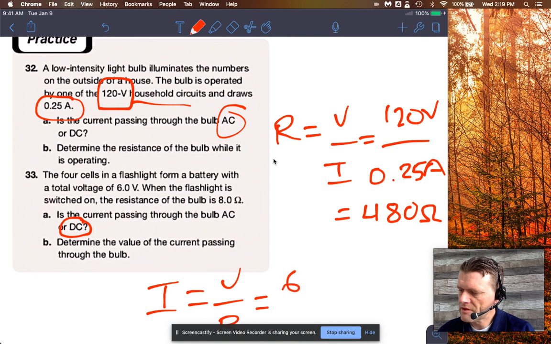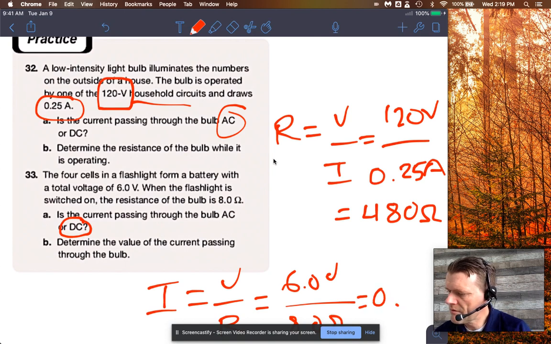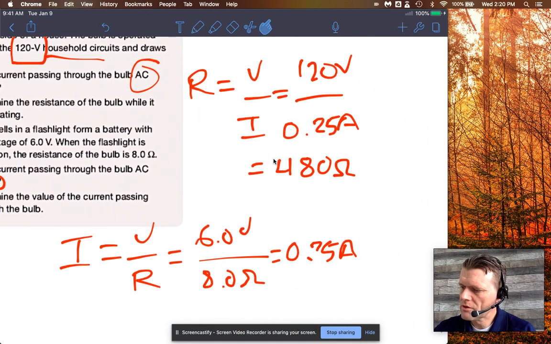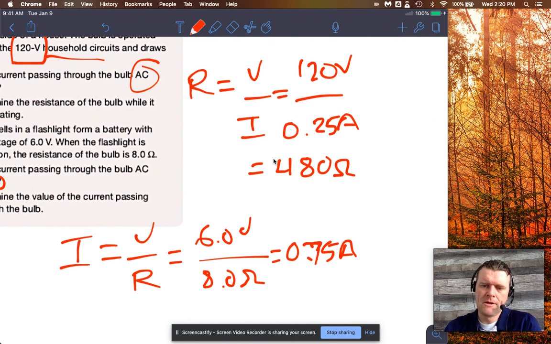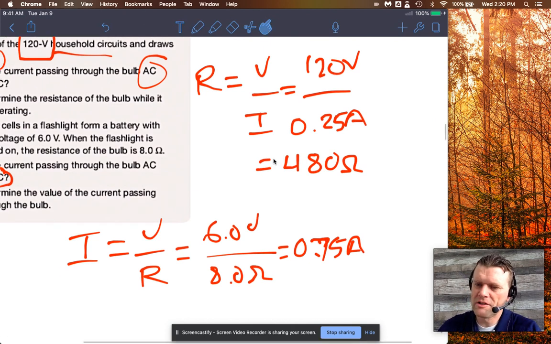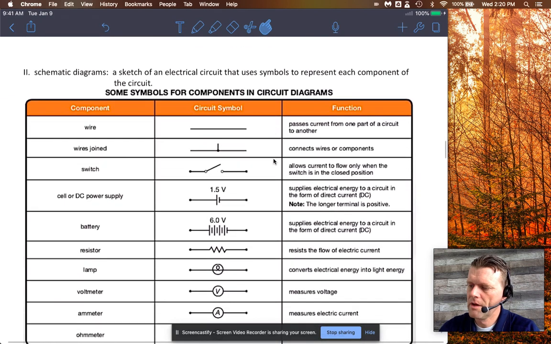So 6 volts divided by 8 ohms, that will give us 0.75. And yes, we just measured current, so the units here are going to be amps. Again, I don't think that's too bad. I think you guys can handle that, no problem.